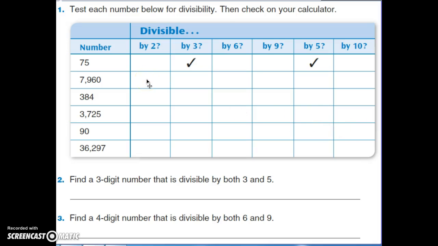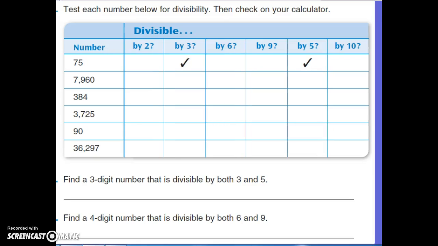If we start here, 7,960, well, I know it's an even number, so it is divisible by 2. So we're going to go ahead and place a check mark in this box. Is it divisible by 3?